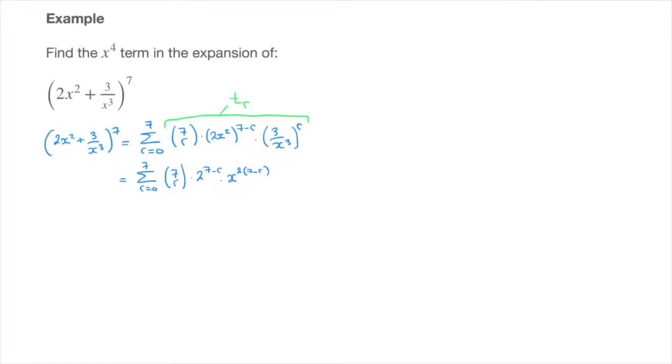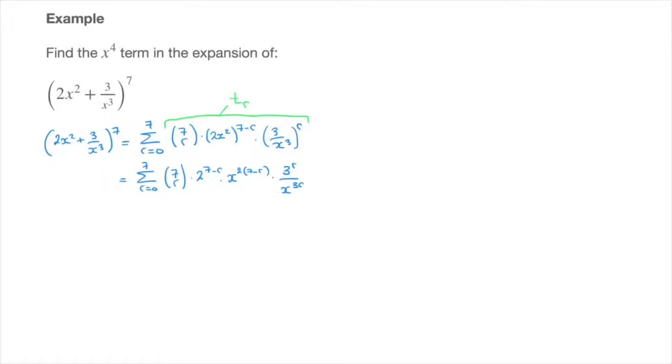Notice that all I've done there is distribute this power of 7 minus r across the parentheses. In turn, this multiplies 3 to the power of r over x to the power of 3r. Again, all I've done here is distribute this power of r onto the numerator and onto the denominator inside the parentheses.